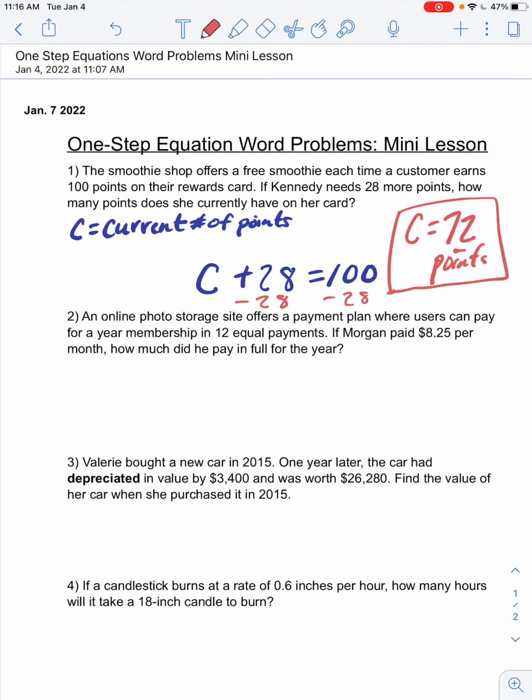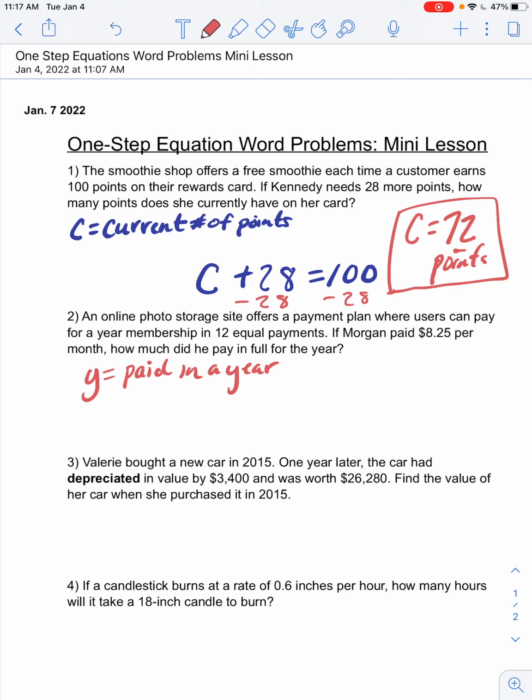So let's say Y equals what he paid in a year. And we know that he had 12 equal payments, and each of those payments was $8.25.